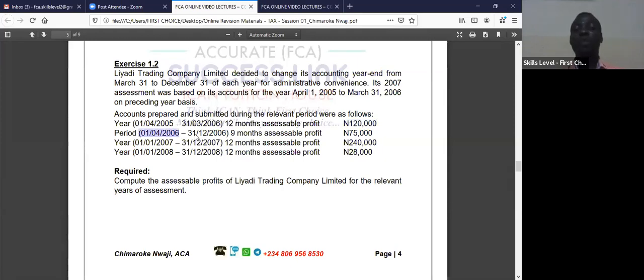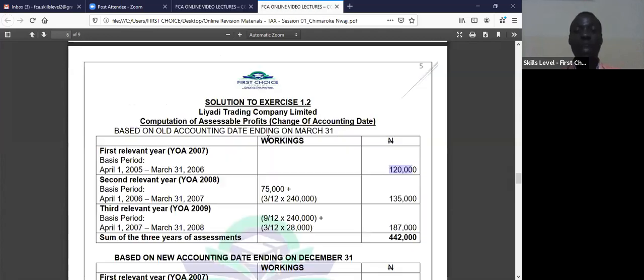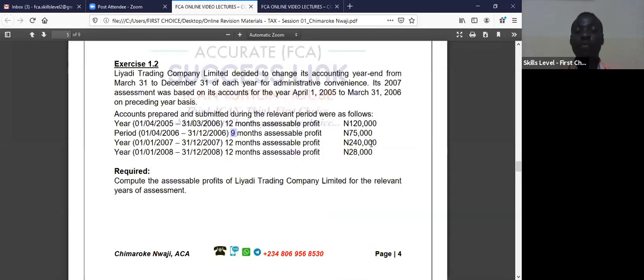But these accounts end in December 31st, 2006. So we'll take this 9 months account first, which is 79,000. That's why you see it here, 79,000. Then the remaining 3 months, we are going to take out from here.